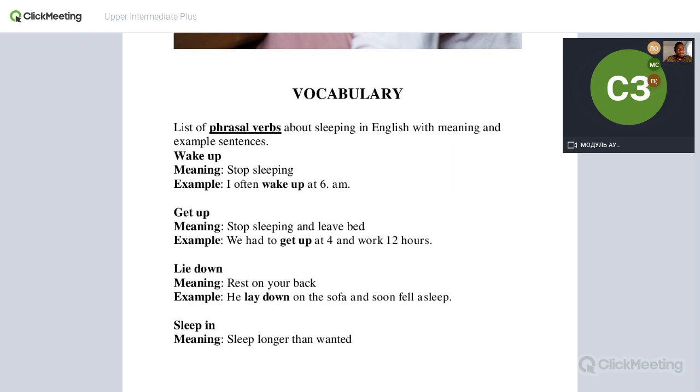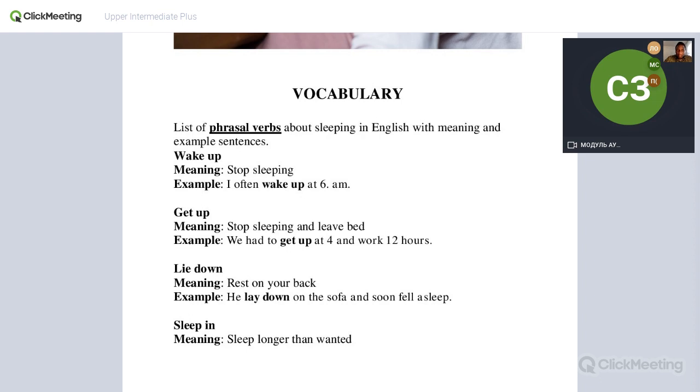Okay. For example, when I was younger, I used to get up at 9 o'clock maybe, but now I get up at 6 o'clock every working day.